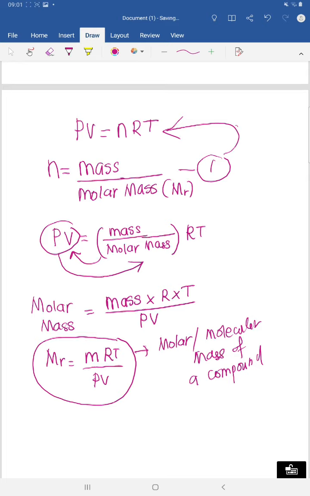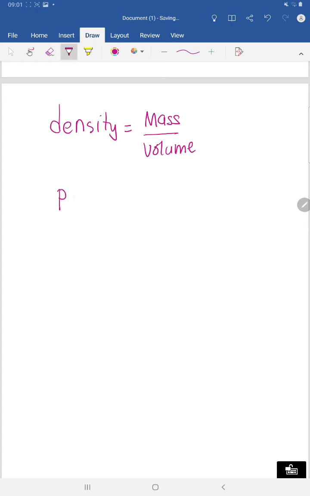The second derivation from the ideal gas equation is the formula for density. Density is mass over volume, so we need to make sure on our left side we have mass over volume. So I rewrite our ideal gas equation, PV equals nRT.